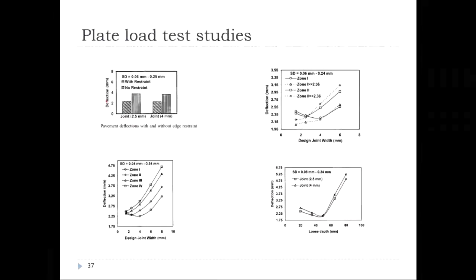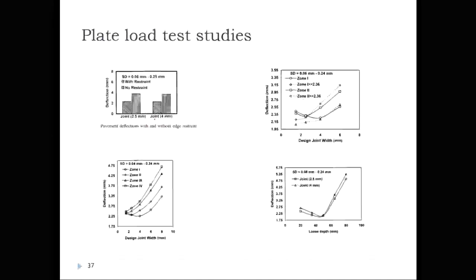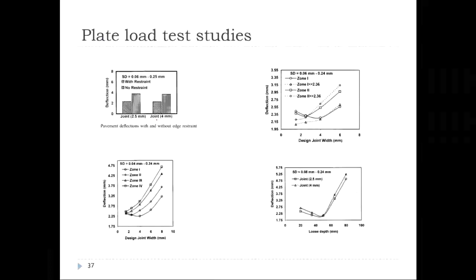When restraint was provided, the deflection values were lower. Again, when the joint spacing was increased, for example to about 4 mm, the deflection values were reduced.